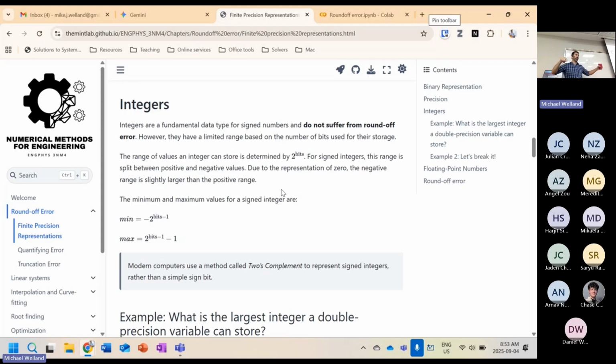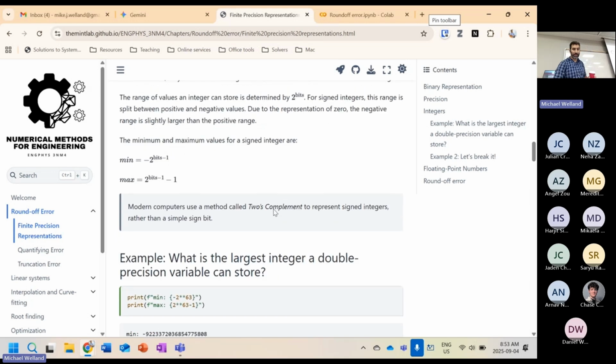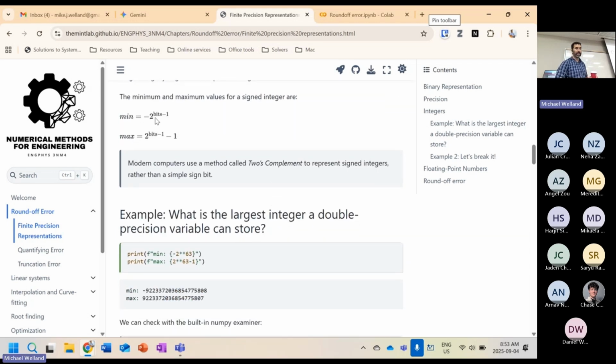And due to the 0 being in there, it's actually favored towards the negative side. So technically you can represent more negatives than positives by 1. The minimum value is -2 to the power of that, and the max is 2 to the power of that -1, because you're dividing by 2, so in the exponent you get -1, and then you take away 1 there.